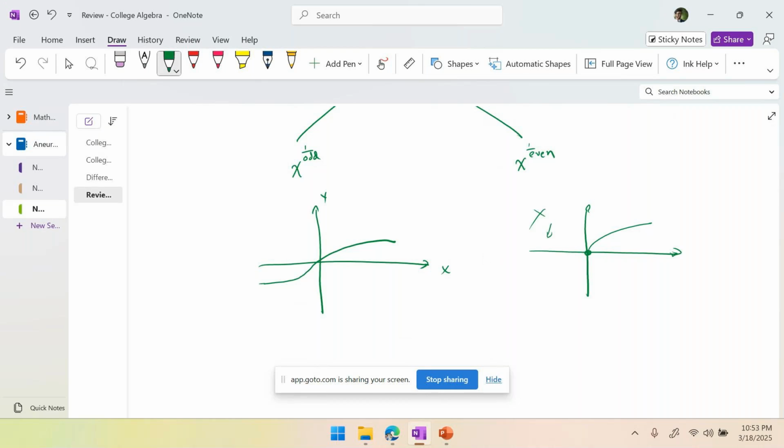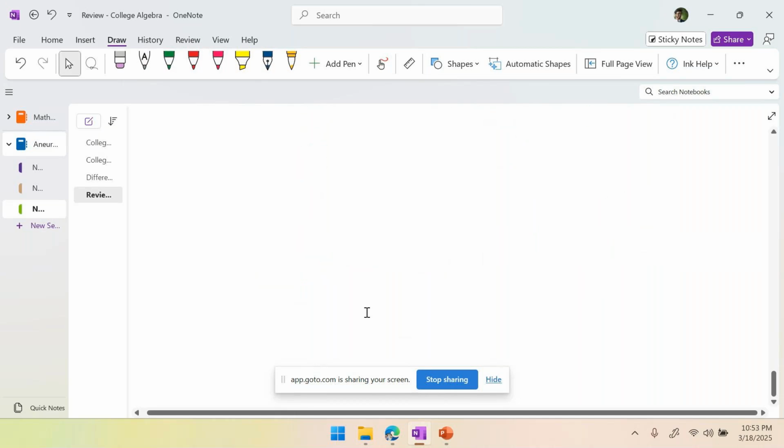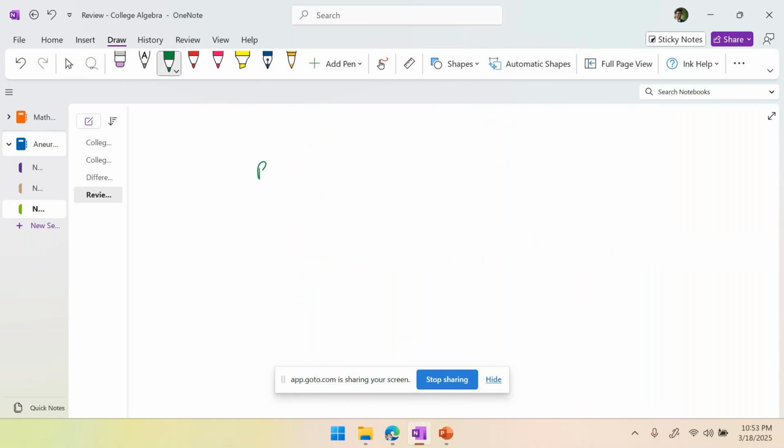Right. And then we discussed a thing called piecewise functions, and we discussed several examples on piecewise functions. What you should know is it is a function defined in separate pieces. We segment the number line into different sections.